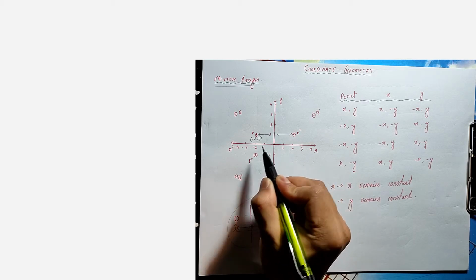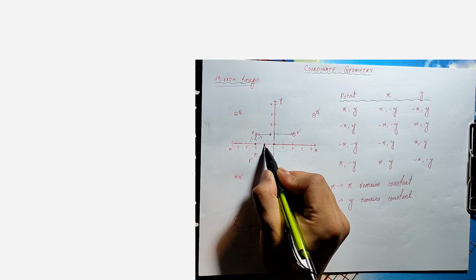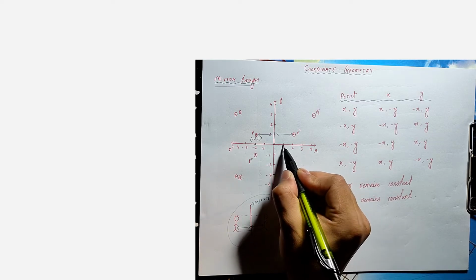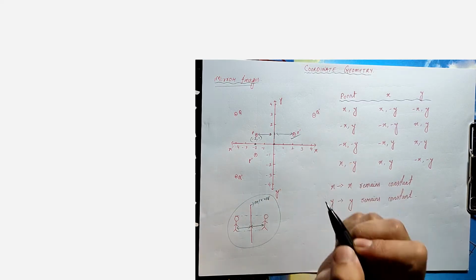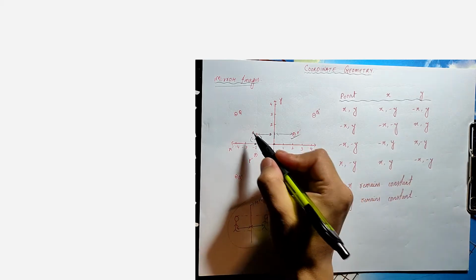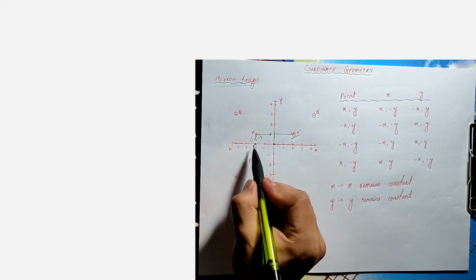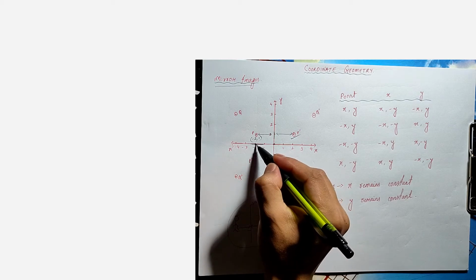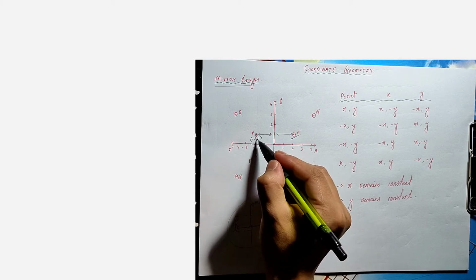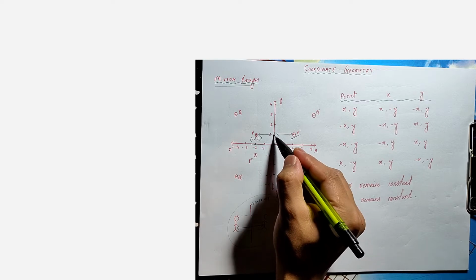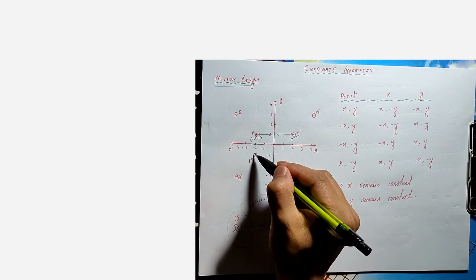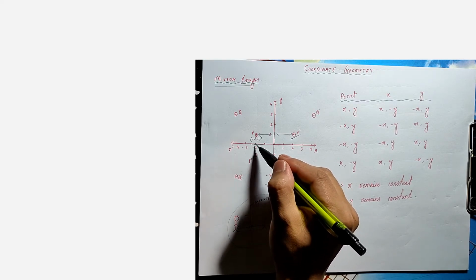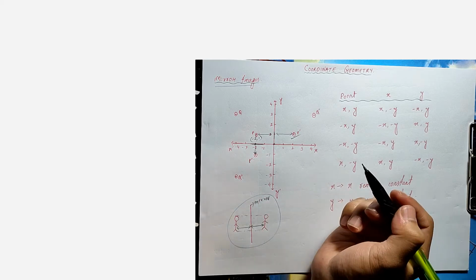So from here to here the distance is 1, 2, so here also 1, 2. So this is the image of P. The distance between the mirror and the object is 1, and between the image and the mirror is also 1.